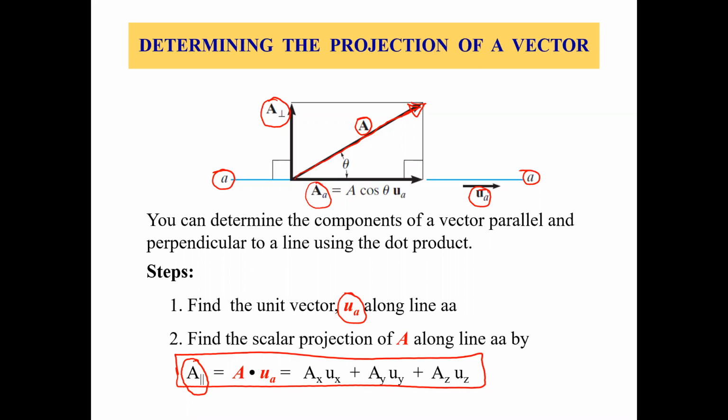So a dot product between vector A and the unit vector along that line, U sub a. And we know how to get the dot product, so we'll get AX times UX plus AY times UY plus AZ times UZ. So this will give us the component of that vector along line aa, or parallel to line aa. All right, okay.